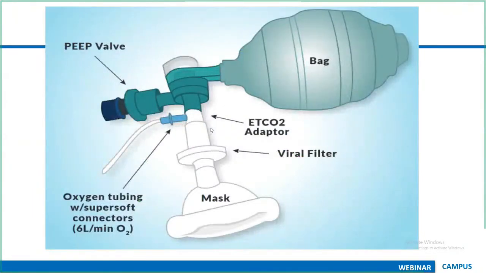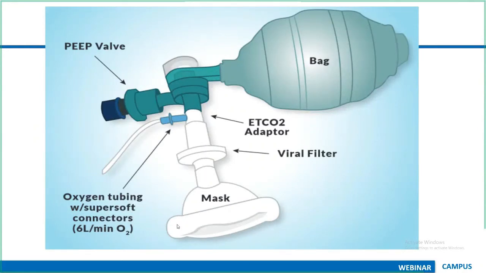Now see how you are going to modify your ambu bag. I've already told you that you have to make modifications in the NIV circuit, HFNC, ventilators and ambu bag to reduce aerosol generation.